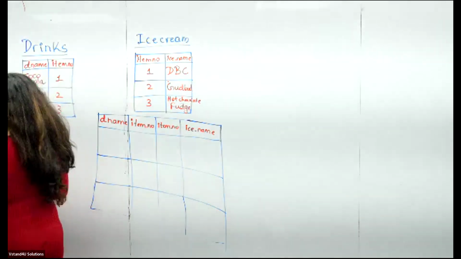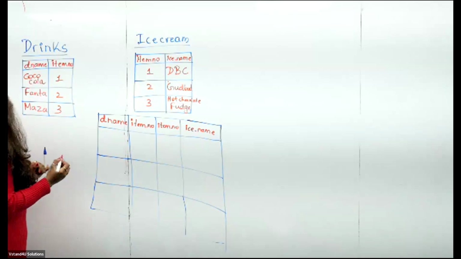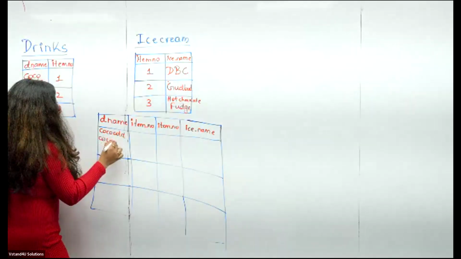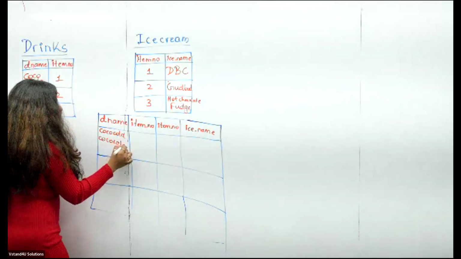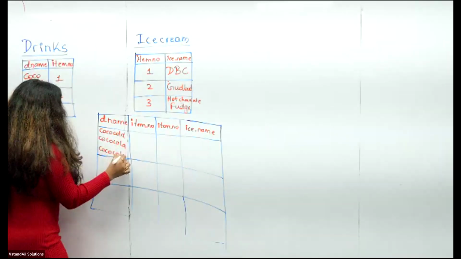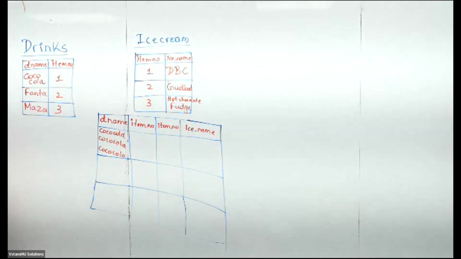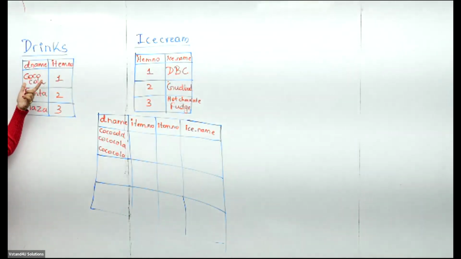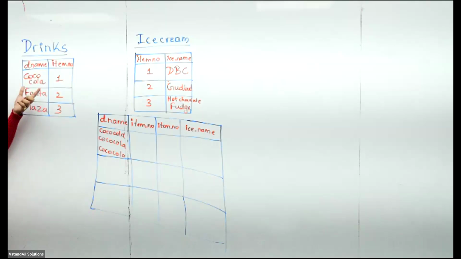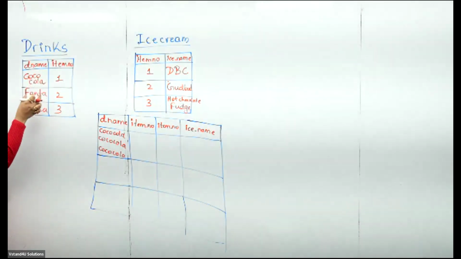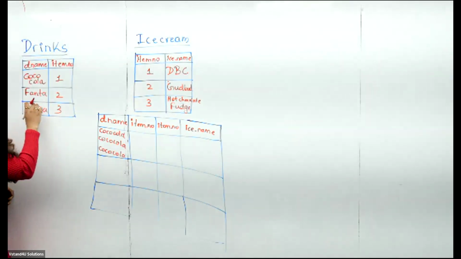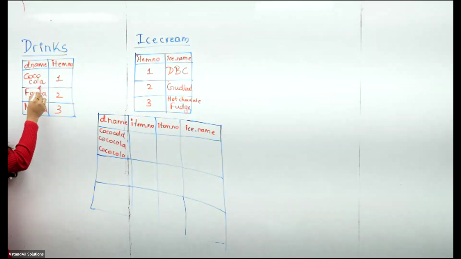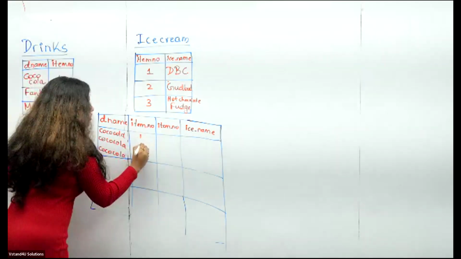Guys, read the definition once. It works on Cartesian principle, and each and every record of one table is merged with the data present in the other table. So if I take this one, the item number will be 1, 1, 1.